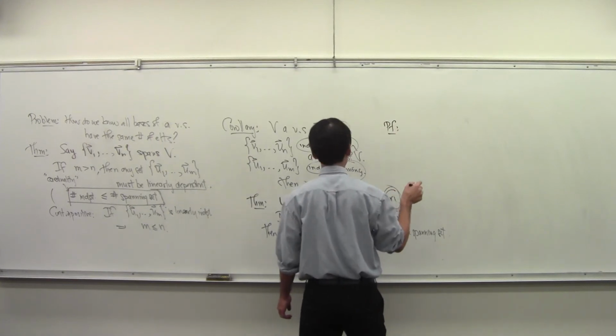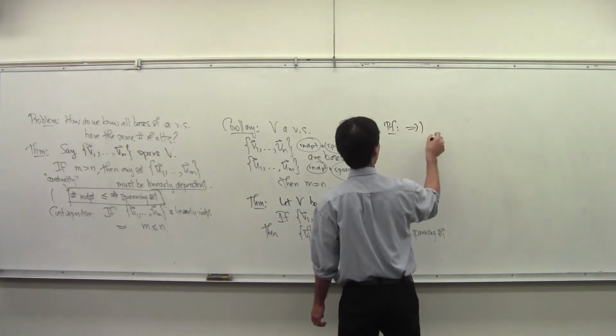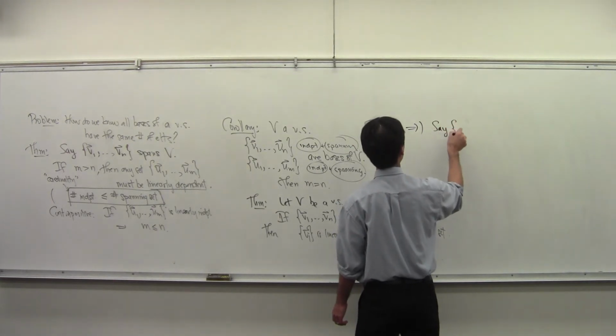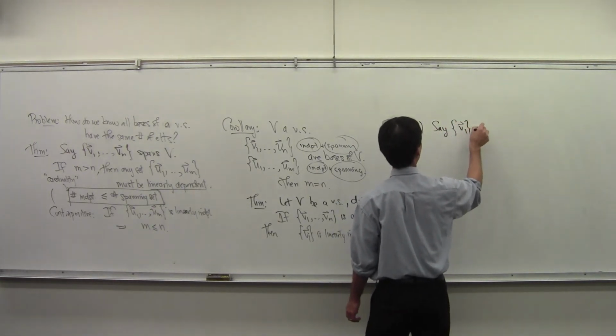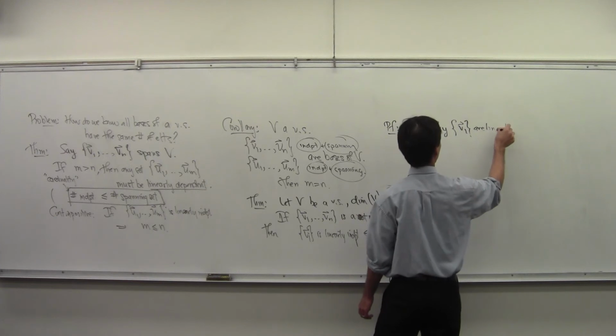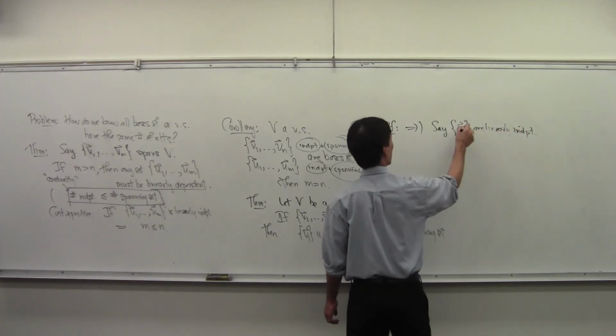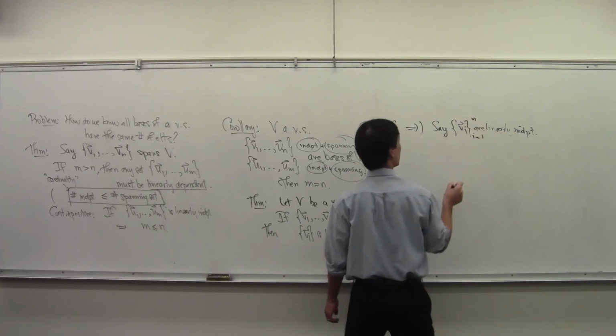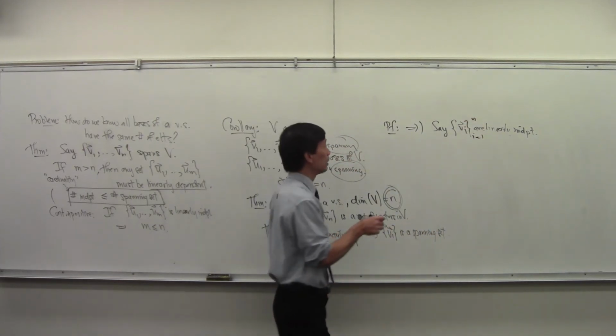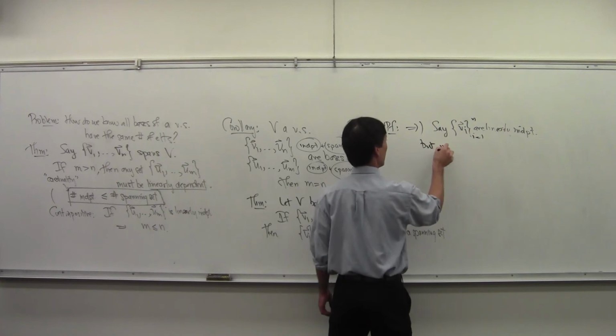So let's think about that. Say that the Vi, i from 1 to n, are linearly independent, but they're not spanning.